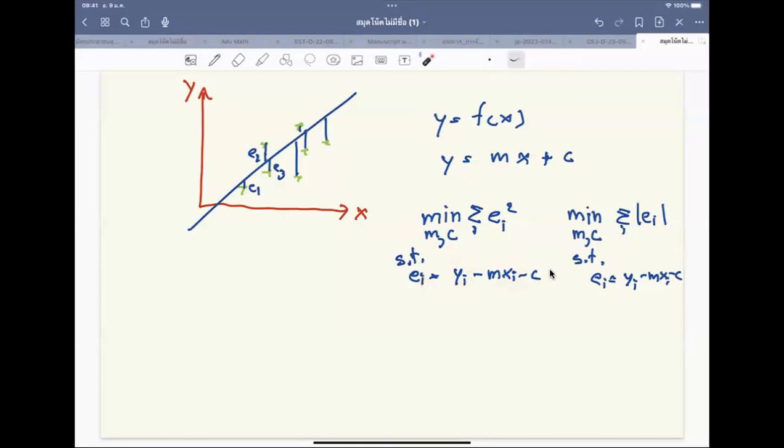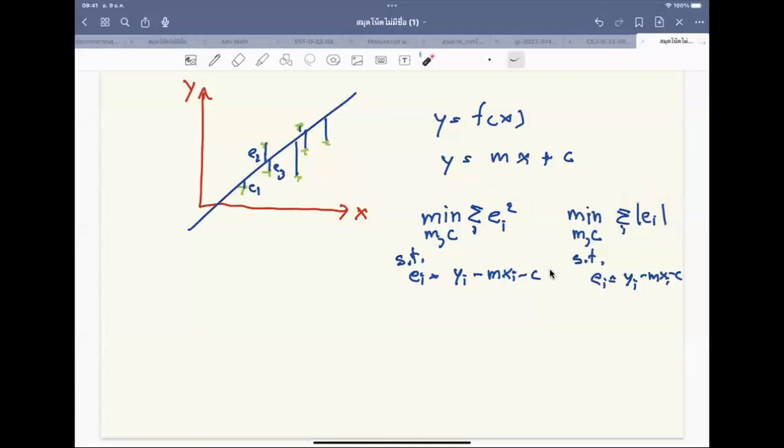Ei change based on M and C. And that Ei here, you plug them here, right? So what we're going to optimize, we minimize sum of square error or sum of absolute error.